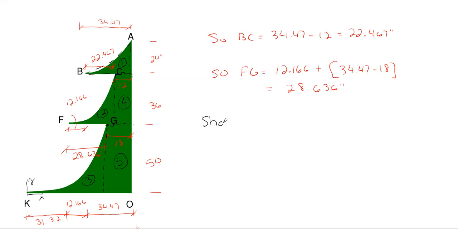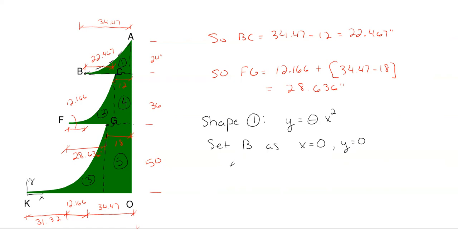So for shape 1, we have y is equal to theta x squared. So what I'm going to do is set point B as a new coordinate system for that individual shape. So I'm going to set x equal to 0 up there, and then y equal to 0 right here at point B, and I'm only going to concern myself with that shape number 1.